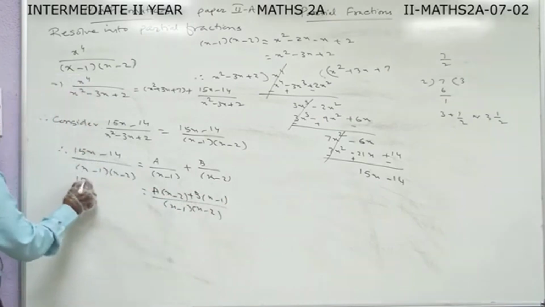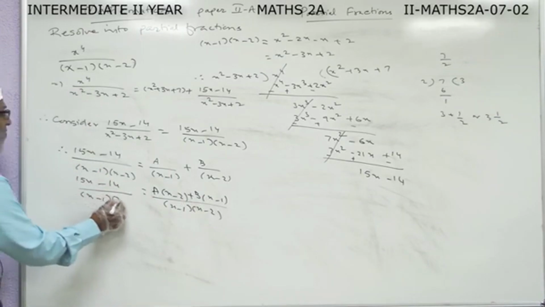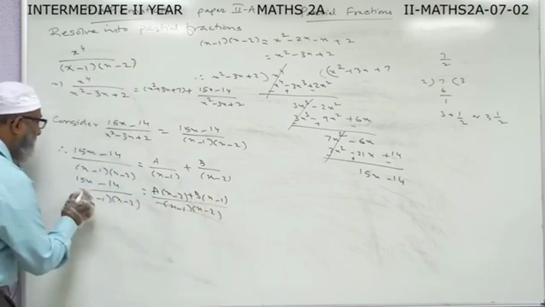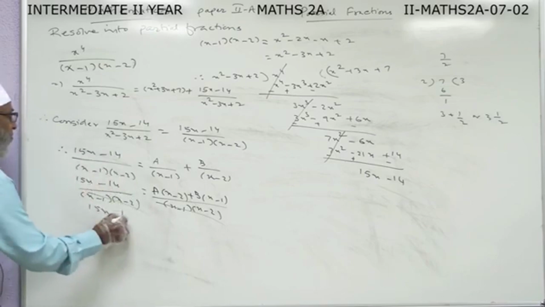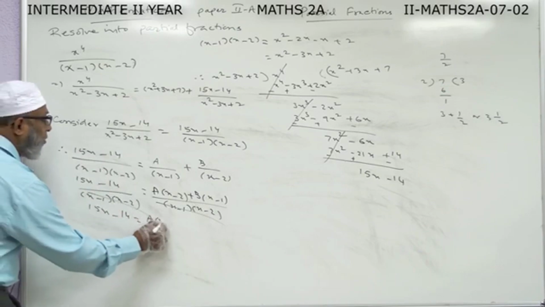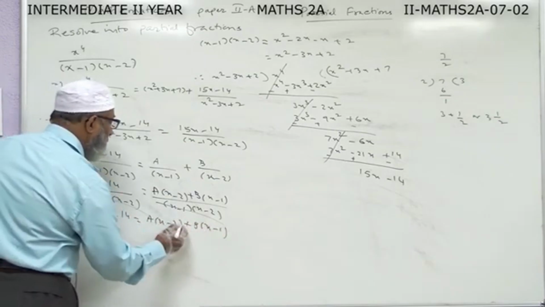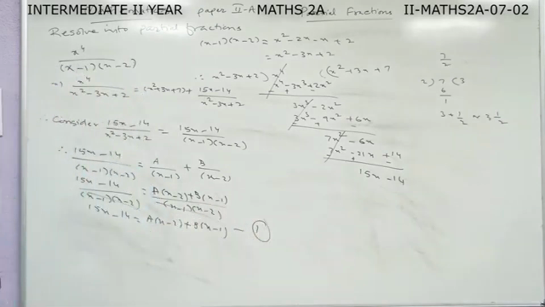On the left hand side, I have 15x minus 14 by x minus 1 into x minus 2. From both sides, this will be cancelled. What remains? 15x minus 14 is equal to a into x minus 2 plus b into x minus 1. I name this equation 1.